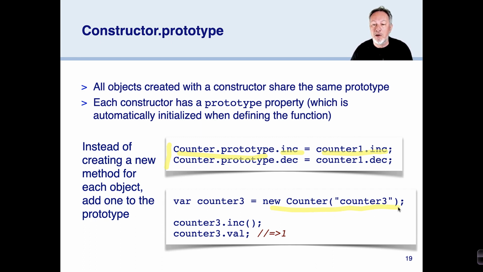But now when we create counter3 with this constructor, which will initialize the value and the name for counter3, we will also, by delegation to the prototype, get for free the inc and the dec methods. So now we can actually invoke counter3.inc. We couldn't before we added them to the prototype. And now, if we look at the value, it will have been incremented as we expected and as we hoped.